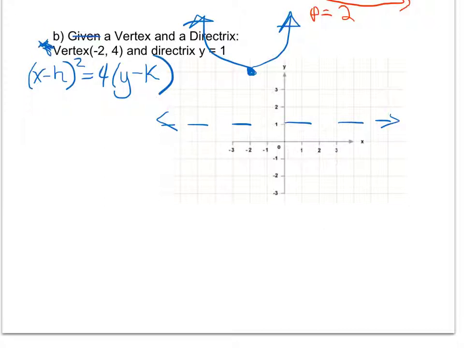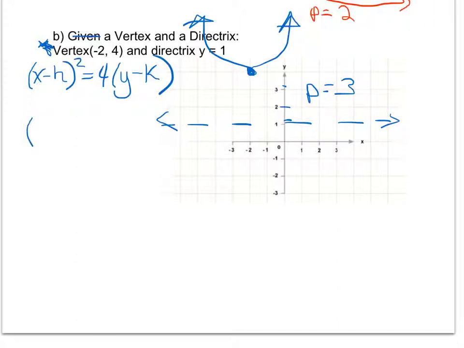So there's my h comma k. I can figure out my p-value because, as I stated before, it's going to be either the distance between my vertex and my focus, or my vertex and my directrix. In the last example, I was given my focus. In this example, I'm given my directrix, so I can simply just count and have a p-value of 1, 2, 3 units, since there's a difference of 3 in between those two.